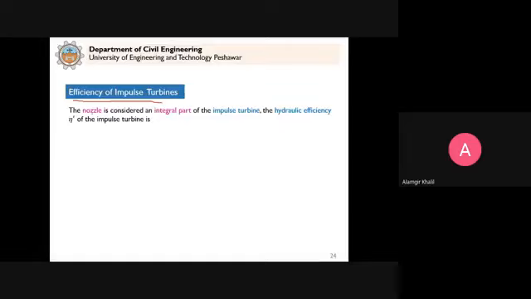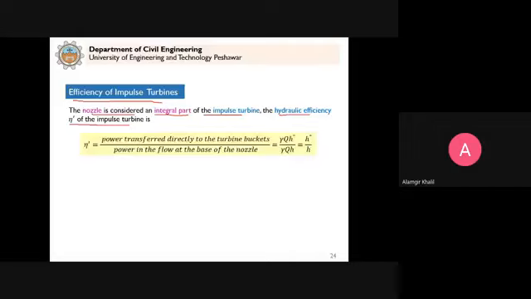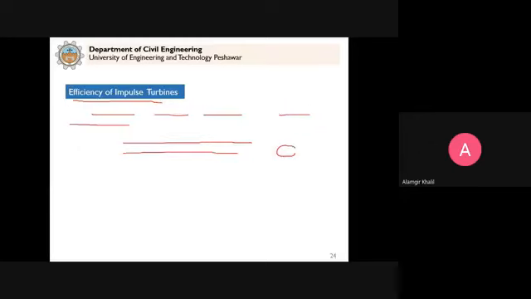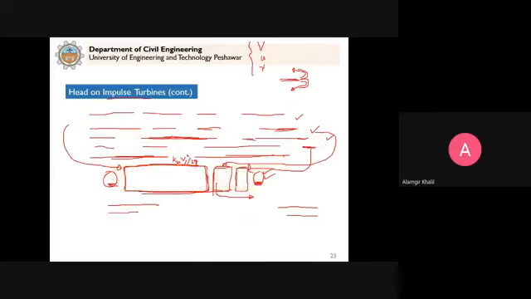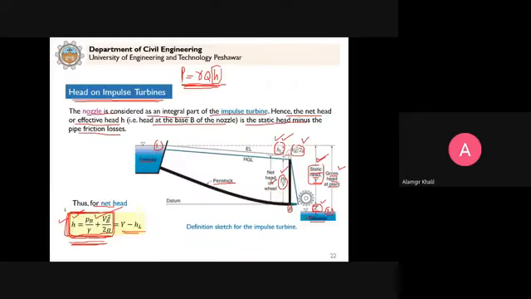So the nozzle is considered as an integral part of the impulse turbine. The hydraulic efficiency, which is denoted by eta dash for the impulse turbine, is the power transferred directly to the turbine buckets divided by the power in the flow at the base of the nozzle. This was available to the turbine that we studied here, gamma QH.